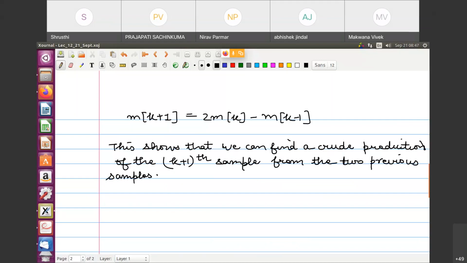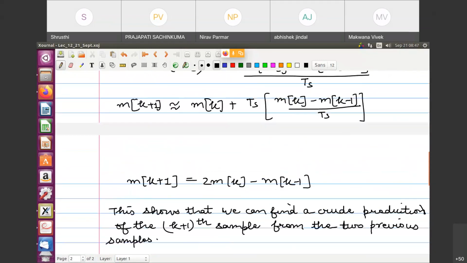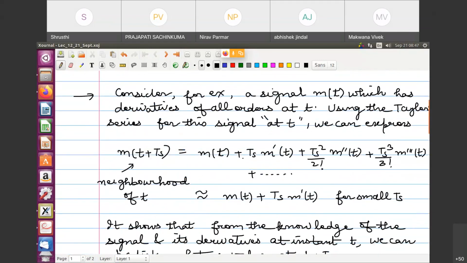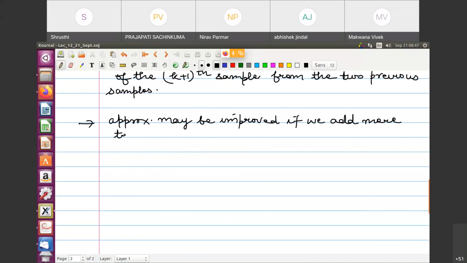So now let us see how can we use, now it is an obvious question, that can we add more samples? It means let us now start taking more terms in this series and we improve our approximation. So we will write it. So approximation may be improved if we add more terms in the series.